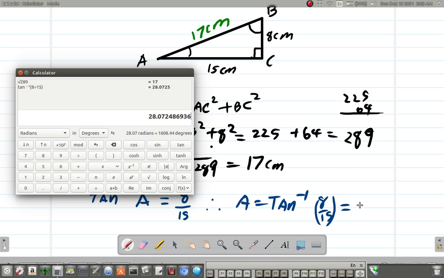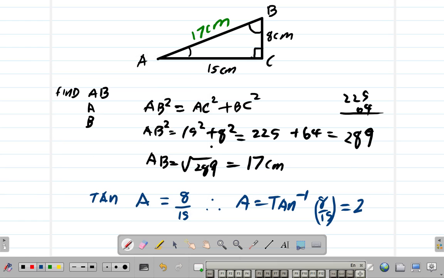Let's say 28 degrees. So this is 28 degrees.